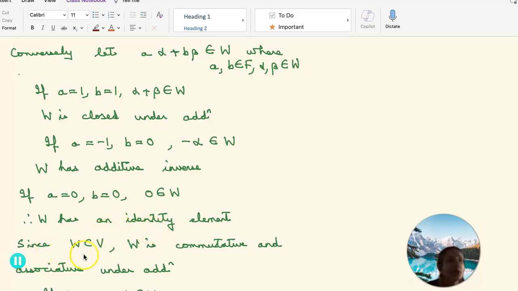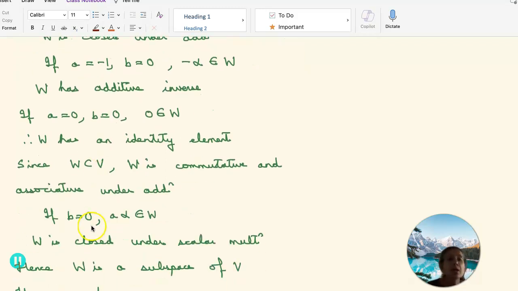And since W is a subset of V, W is commutative and associative under addition. So if b equals 0, we have seen that there is an identity element, and because W is commutative and associative under addition, if b equals 0, a alpha belongs to W, because we have a alpha plus b beta belongs to W. So W is closed under scalar multiplication.